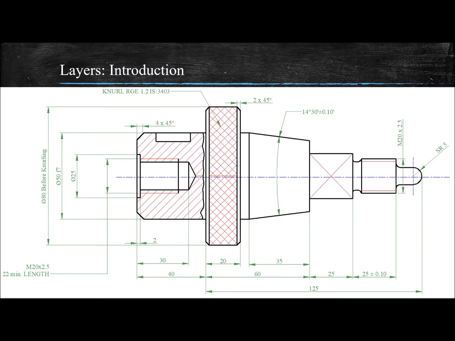For example, all the dimensions here are shown through thin green lines. That indicates that they are all placed in a separate dimension layer. Also, the visible edges of this object, the visible features, are represented through black solid lines, thick lines. That indicates that they are also placed in a separate layer.